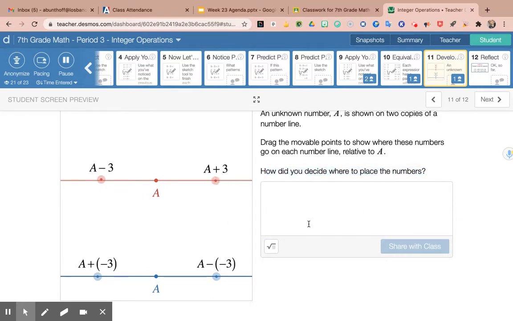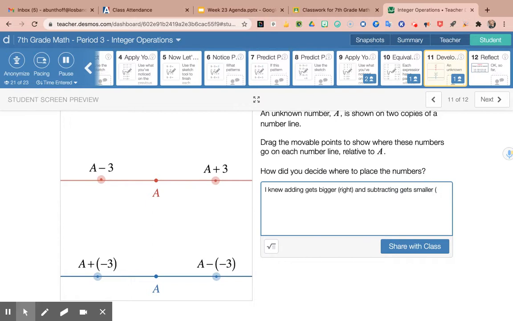How did you decide where to place the numbers? One thing you could say is that you knew adding makes it bigger, which is the right side, and subtracting gets smaller, which is the left.